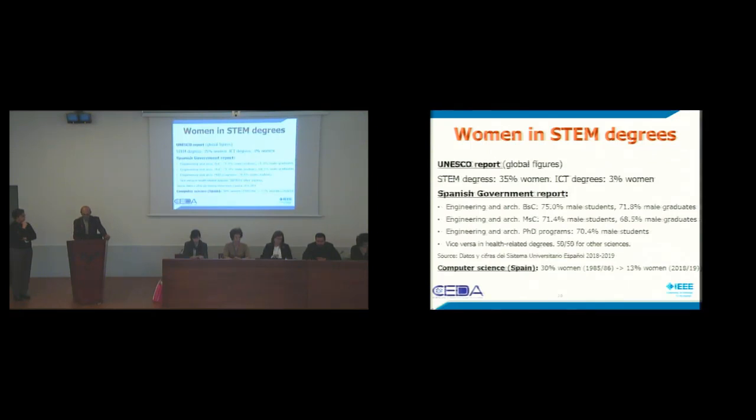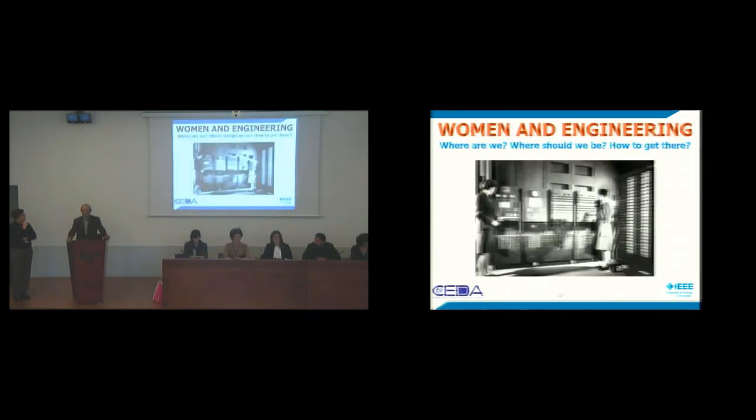This is even in contrast with the origin of computer science. It is not very clear, but probably most of you recognize the photograph of the ENIAC computer, one of the first computers, 1946, I think.